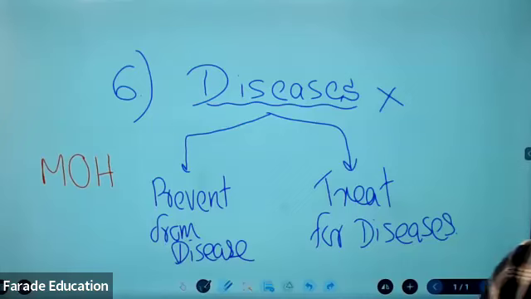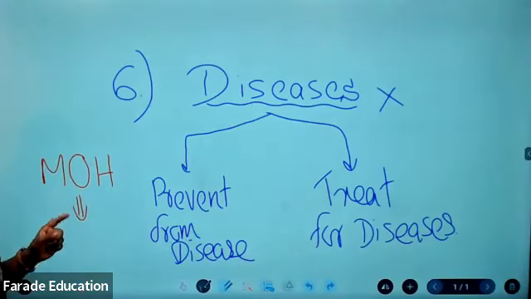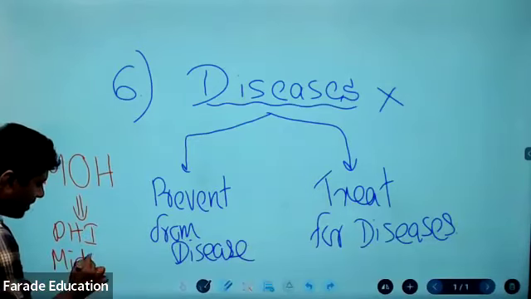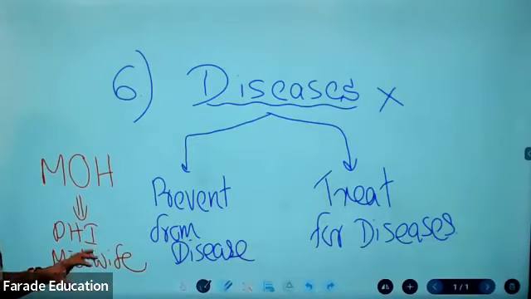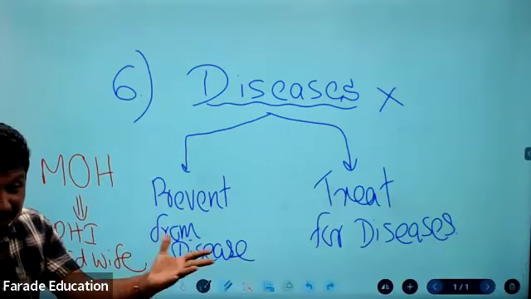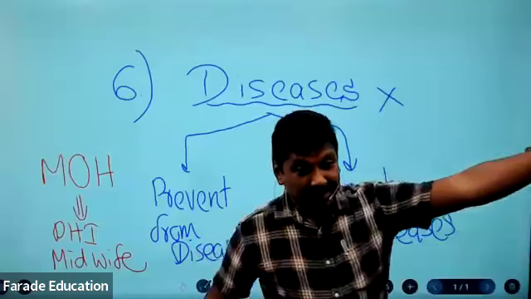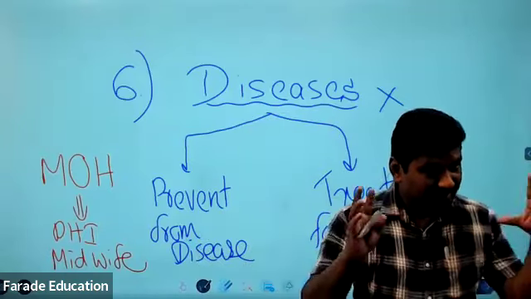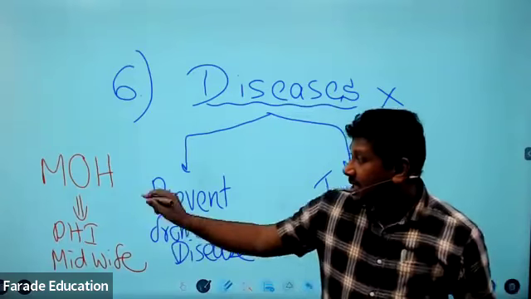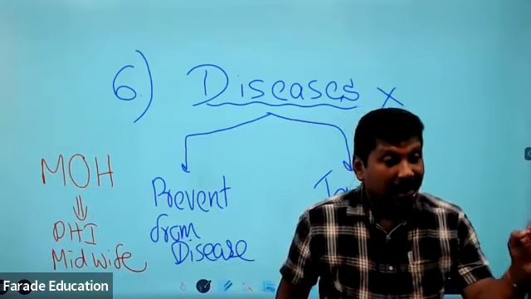In dengue prevention, he is the leader of a team with the PHI, midwife and the whole team. They go and see whether you have mosquito breeding places in your house, and if you do, they file a case in the courts. Have you seen the quarantine part in corona prevention? All of it is managed by the MOH. MOH means Medical Officer of Health.